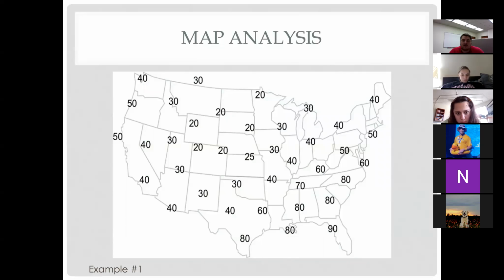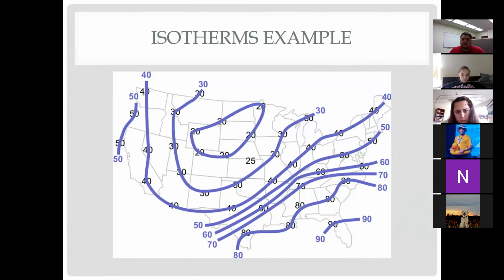Okay, so here's another example that we can do. There's a lot going on here, but this is a little bit easier because it's on intervals of 10. All you do for this one is draw the isotherms through each of the points I just mentioned. So we have our group of 20-degree temperatures right here, and you just draw it through like this.